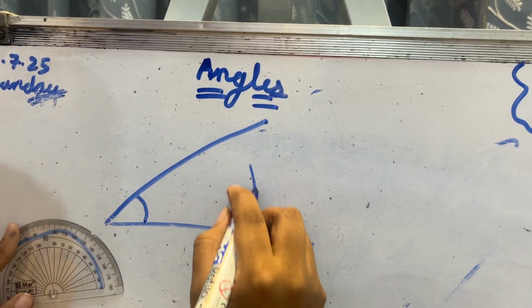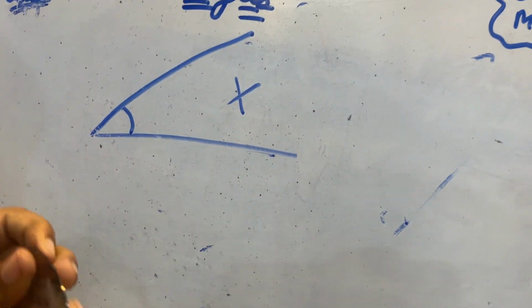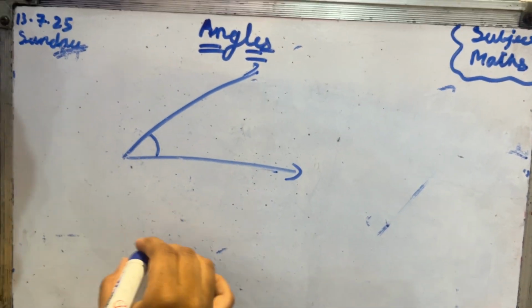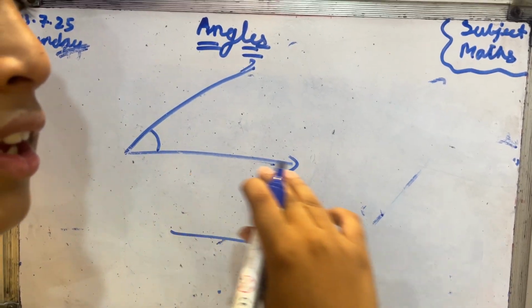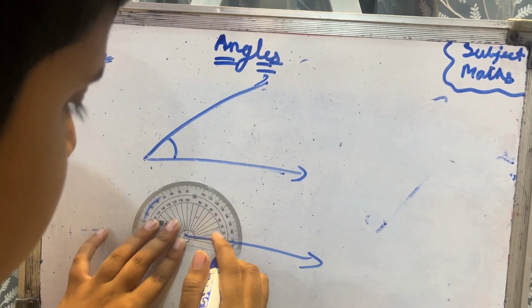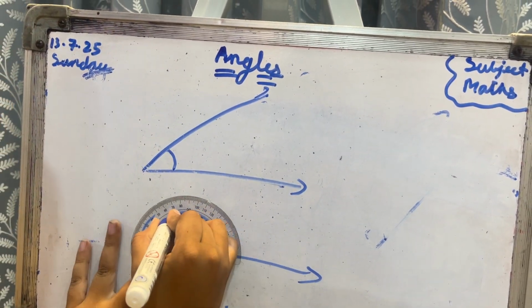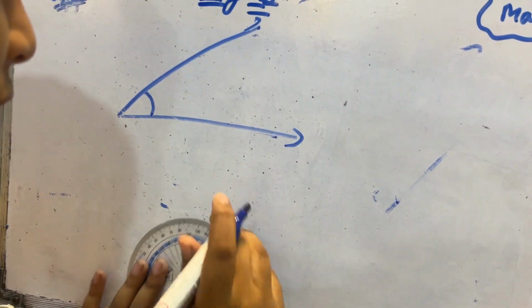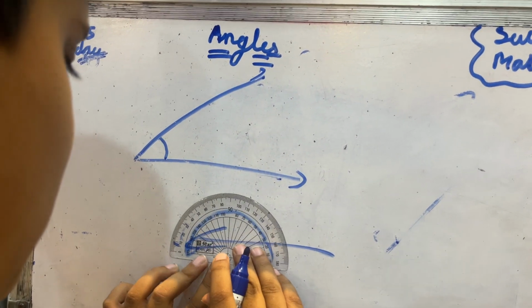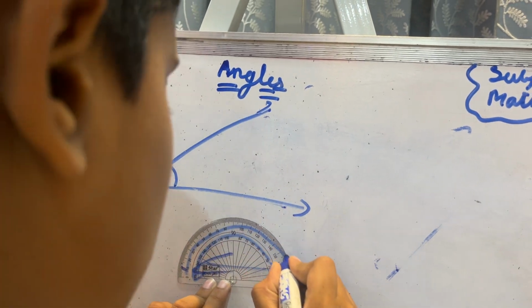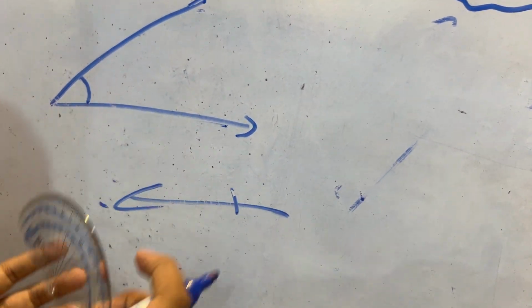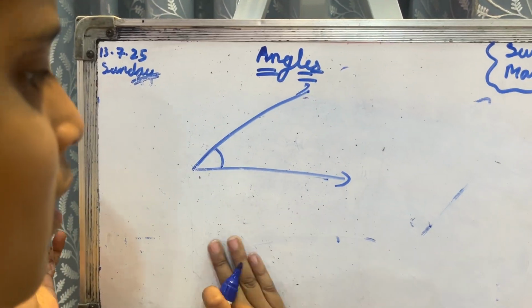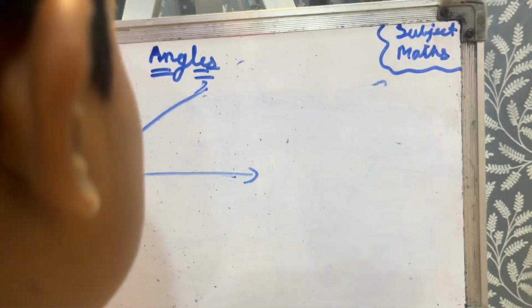It's wrong. If the ray is going this way, we will measure from here to here. And if the angle is going this side, we will measure it from here to here, all the way to 180 on both sides. Clear?